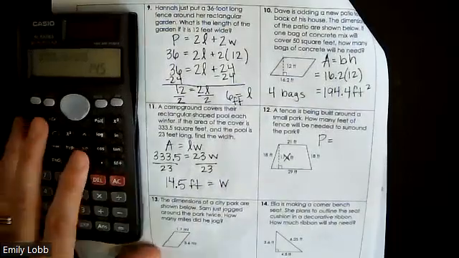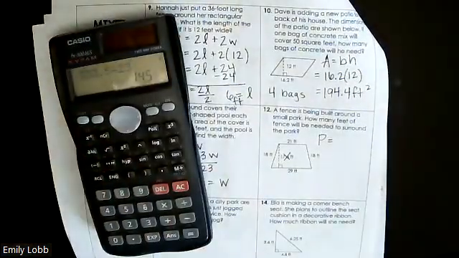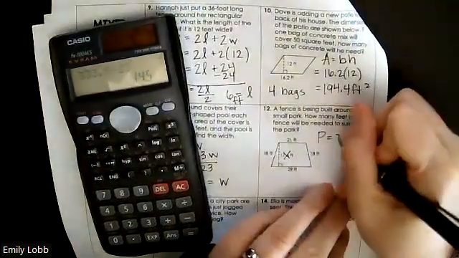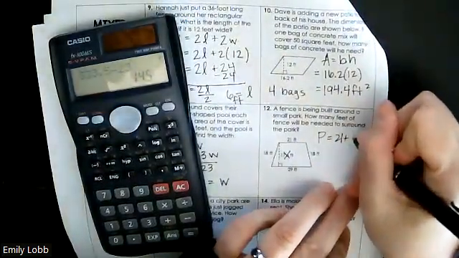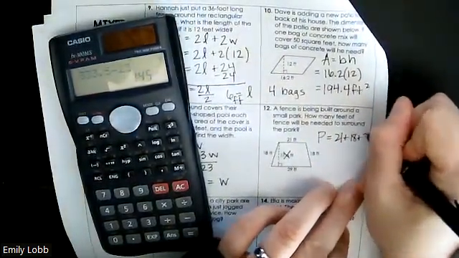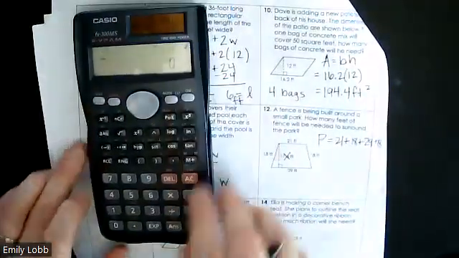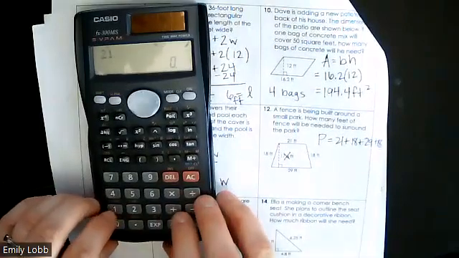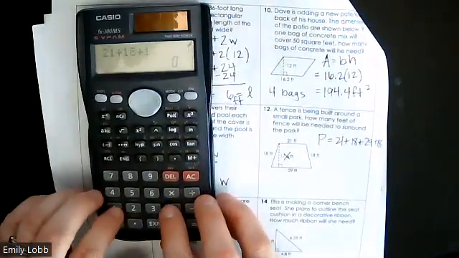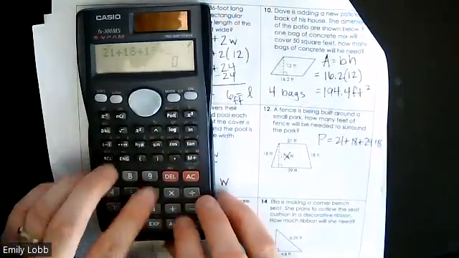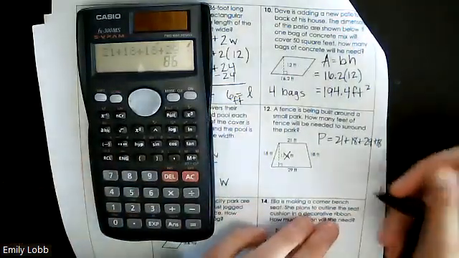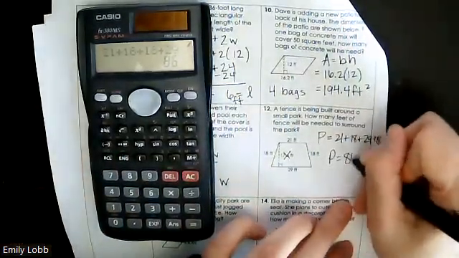All right, so you took 21 plus 18 plus 29 plus 18. Just throw it in there. 21 plus 18 plus 18 plus 29. Oh yeah. Good job, guys. 86 feet. Beautiful.